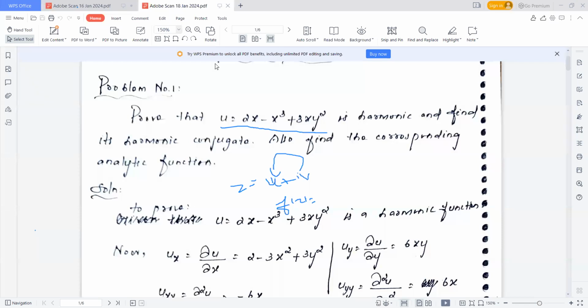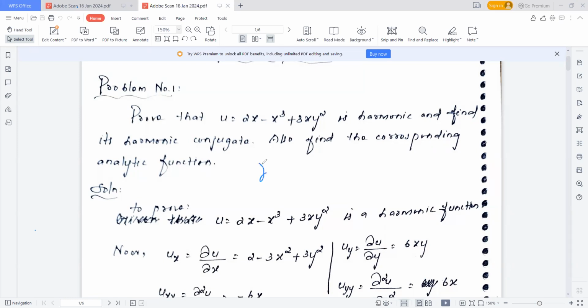So there are three things we need to find here. First we check whether the given function is harmonic or not. To prove u is equal to 2x minus x cube plus 3xy square is a harmonic function, what we have to do?